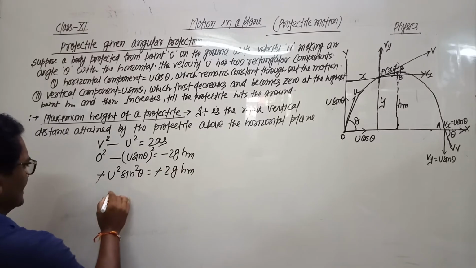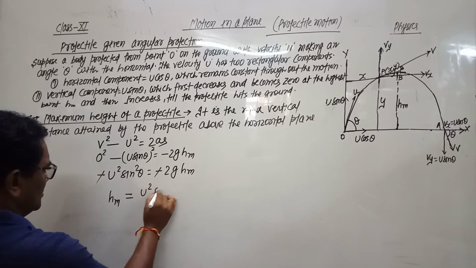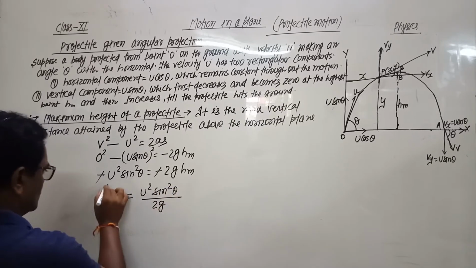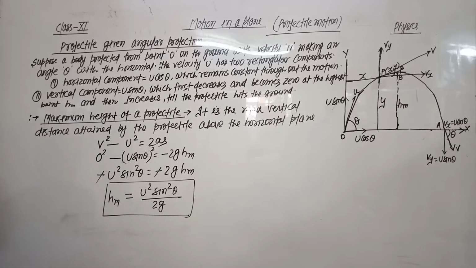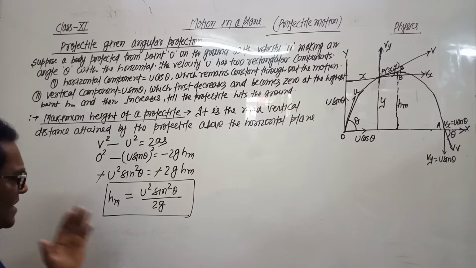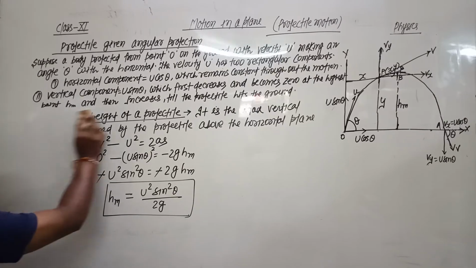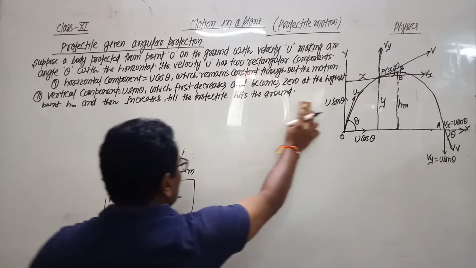Minus and minus cancel, and the expression for HM is U square sin square theta upon 2G. So this is the maximum height of a projectile, HM equals U square sin square theta upon 2G.